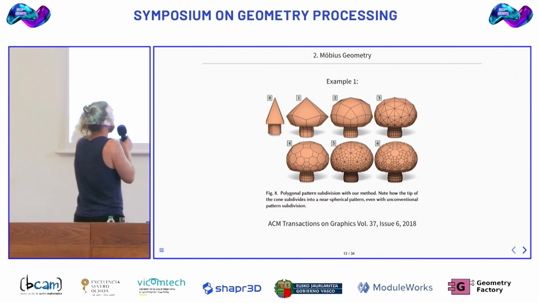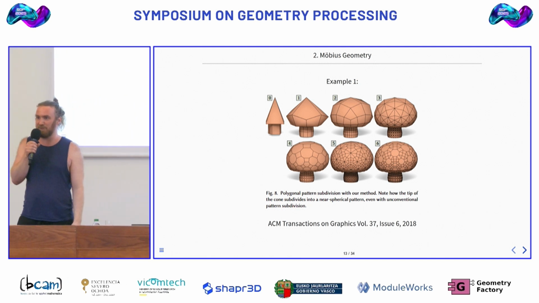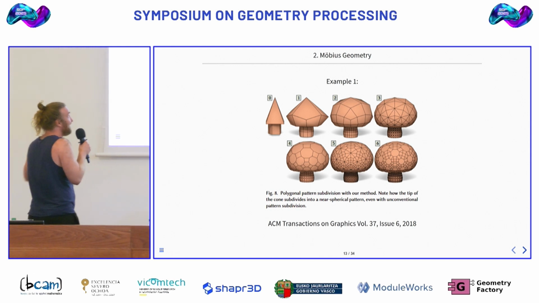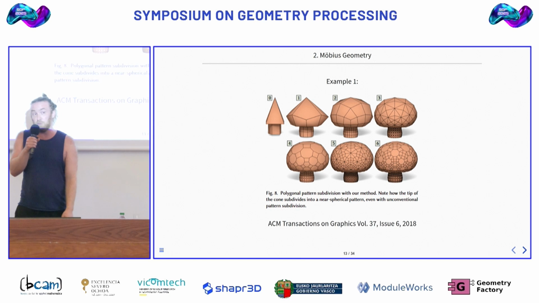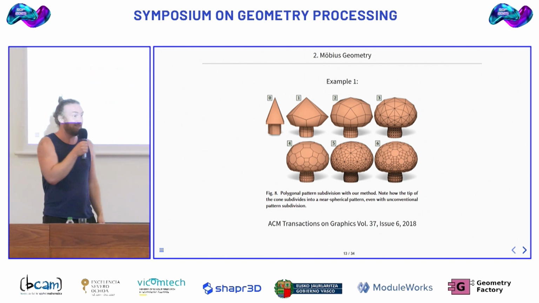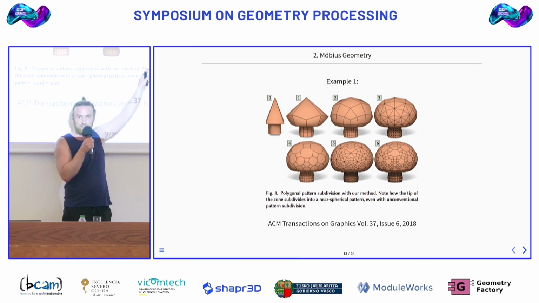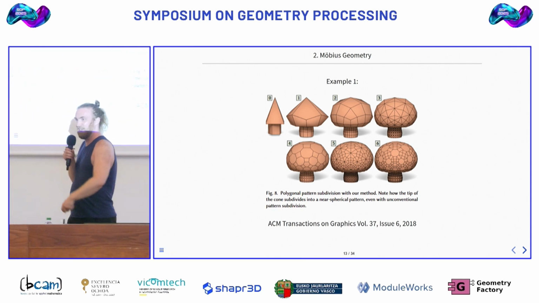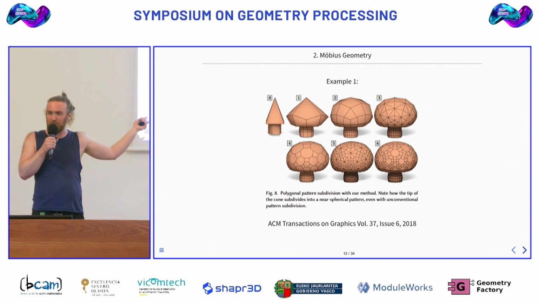This 0 is my input. It's sort of a wizard's house or something. Then apply Möbius transformations, and because Möbius geometry likes spheres, the output will be more and more round until you end up with the mushroom. Anyway, take a look at this paper. I like it.